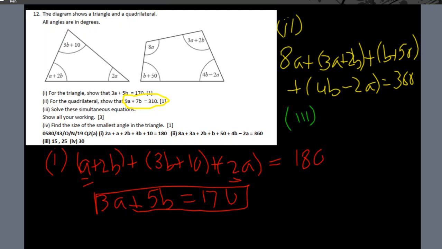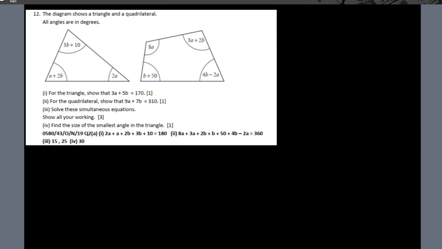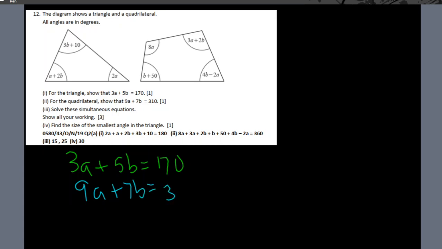Solve these simultaneous equations. So how do we solve these simultaneous equations? One equation is 3a plus 5b equals 170, and the other equation is 9a plus 7b equals 310. So I will be solving this using the elimination method.